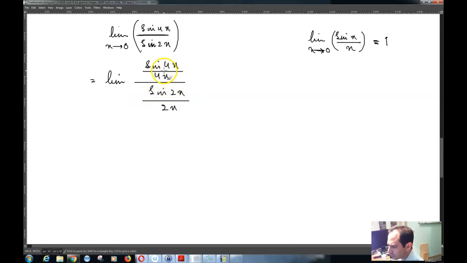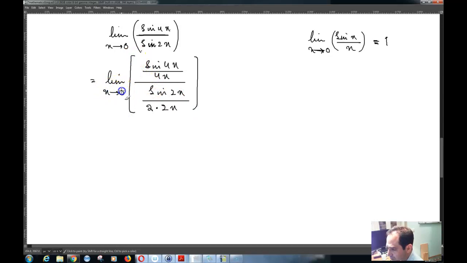Now in the numerator I have divided by 4x, and in the denominator I have divided by 2x. So they are not the same things. I have to divide the denominator by another 2 so that both of them are 4x.